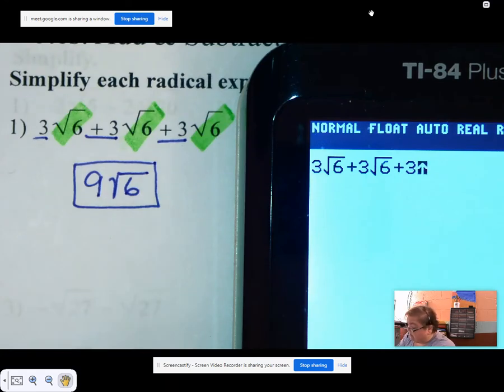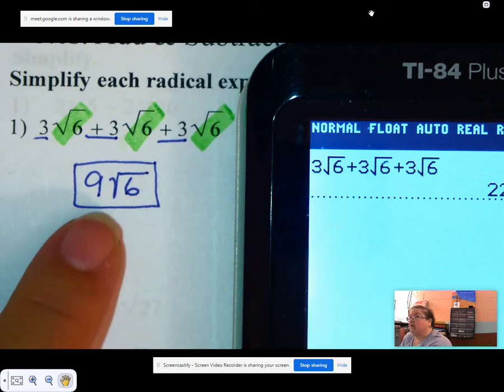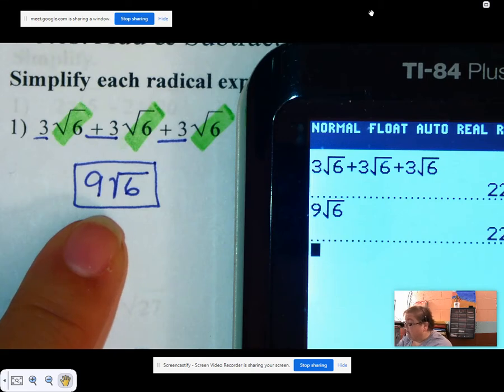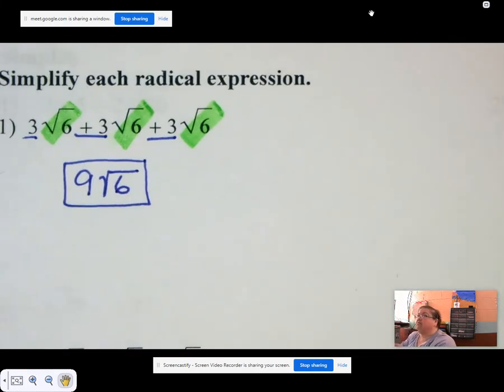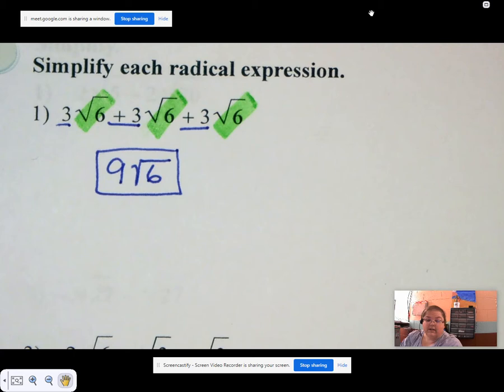Plus 3 root 6. I'm going to push enter, and I've got this 22 point blah blah. Now, I'm going to type in my answer. 9 root 6. I'm going to enter there. Do I have the same exact decimal for both of those? Yes, we do. So we know that we simplified it correctly. Just as a reminder, how we check our answers.